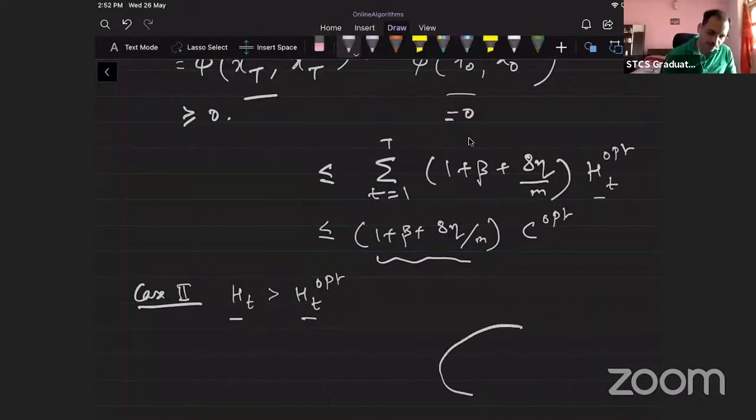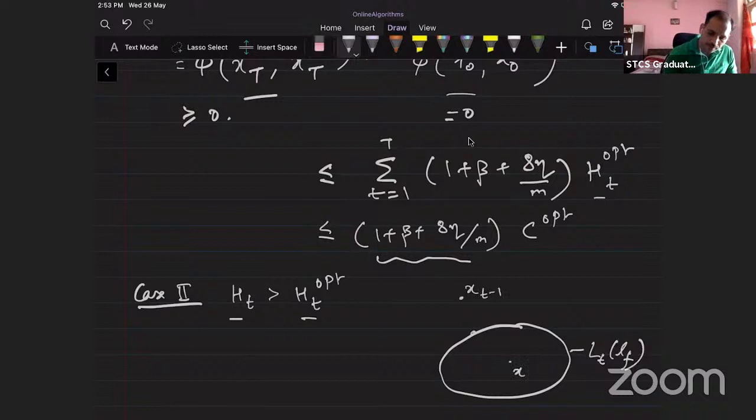Can you give me a simple argument to this fact? This is my XT minus 1. This is my level set LT of LF. Remember LF is the terminating level. This is XT minus 1.